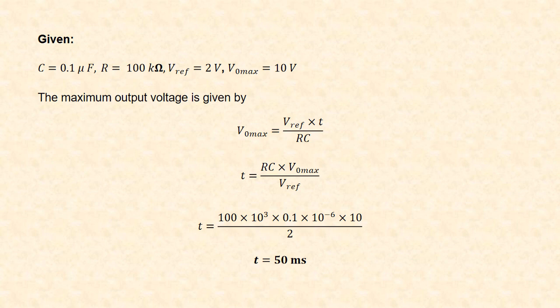So rearranging, we have T is equal to RC into V_out max divided by V_reference. Substituting R is equal to 100 kilo ohm, C is equal to 0.1 microfarad and V_out max is equal to 10 volt and V_reference is equal to 2 volt. We have the maximum time the voltage can be integrated is equal to 50 millisecond.